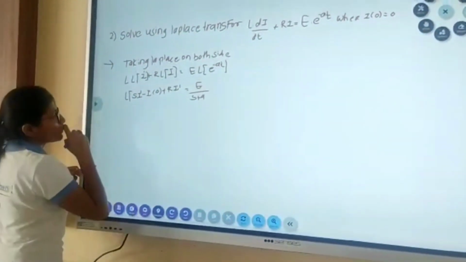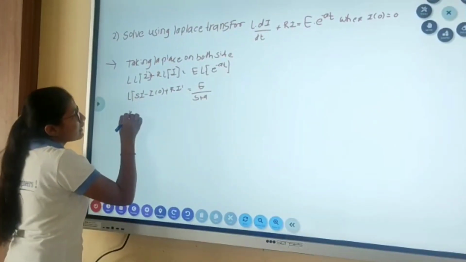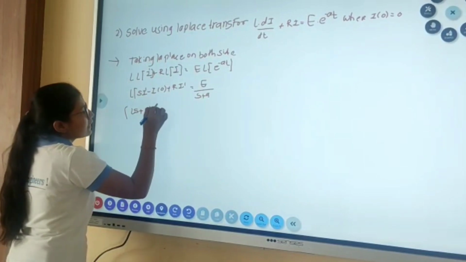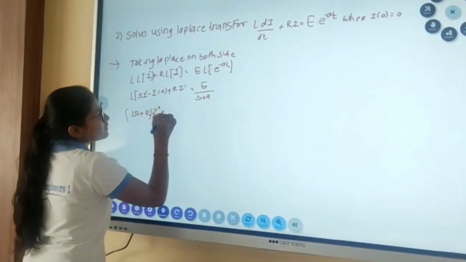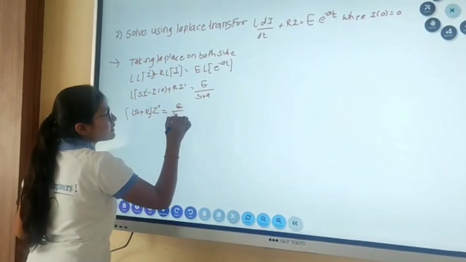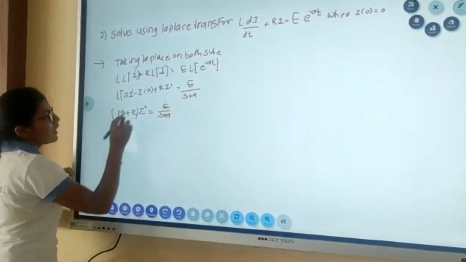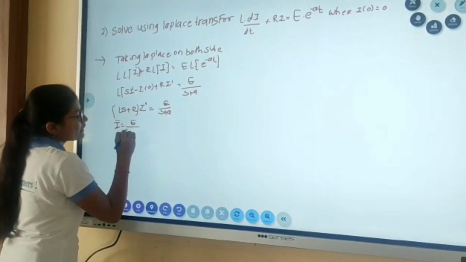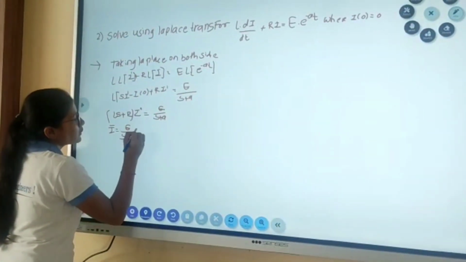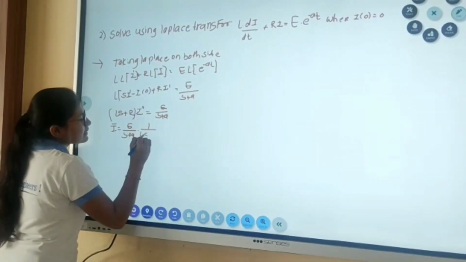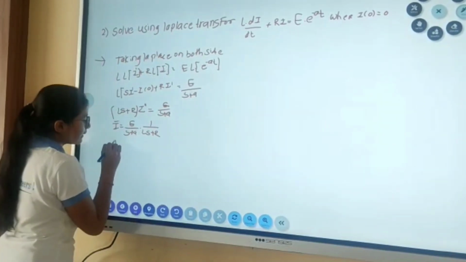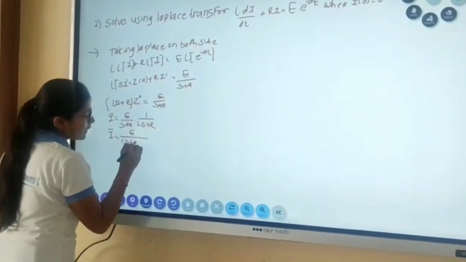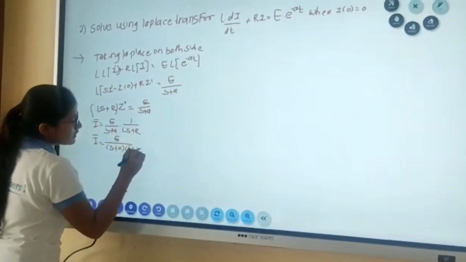We will common out the I complement. Therefore, (Ls plus R) into I complement is equal to E upon s plus a. Therefore, I complement is equal to E upon s plus a into 1 upon Ls plus R.